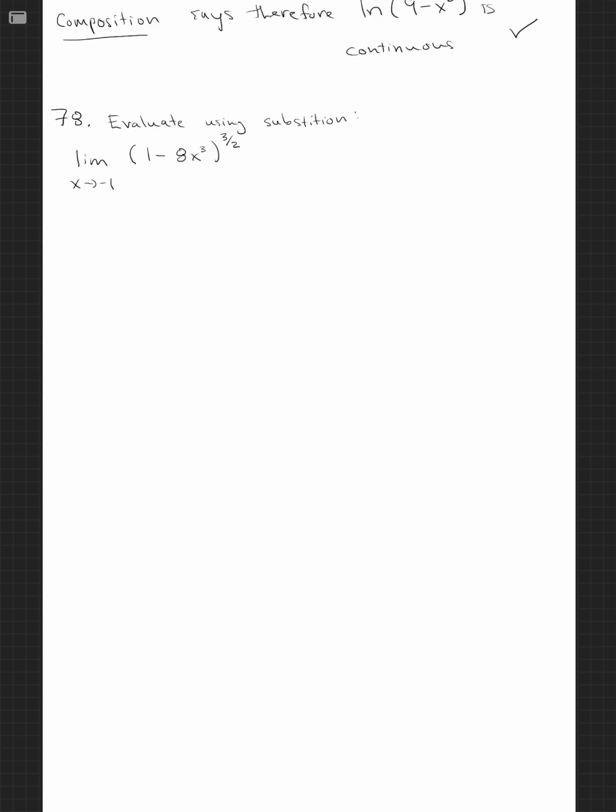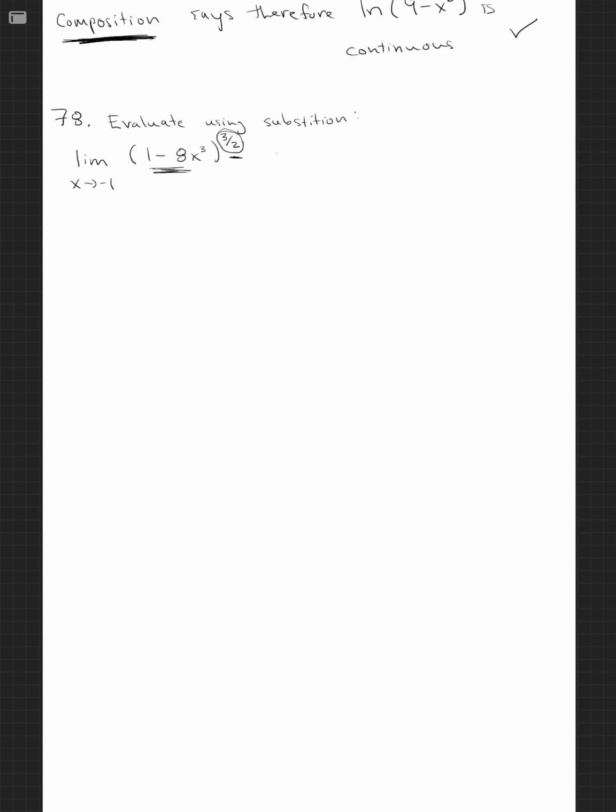Right? Now, usually we want to check if it's continuous before we use substitution. But again, we've got a polynomial which is a basic function. We've got it raised to a power. So power functions are also basic functions. And again, using this composition rule, just like we did up here, when we raise a polynomial to a power, that's composing a polynomial with a power function.